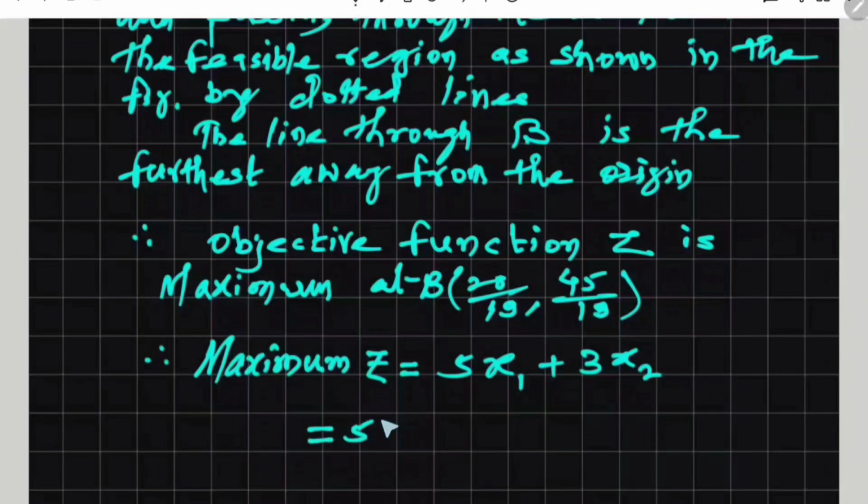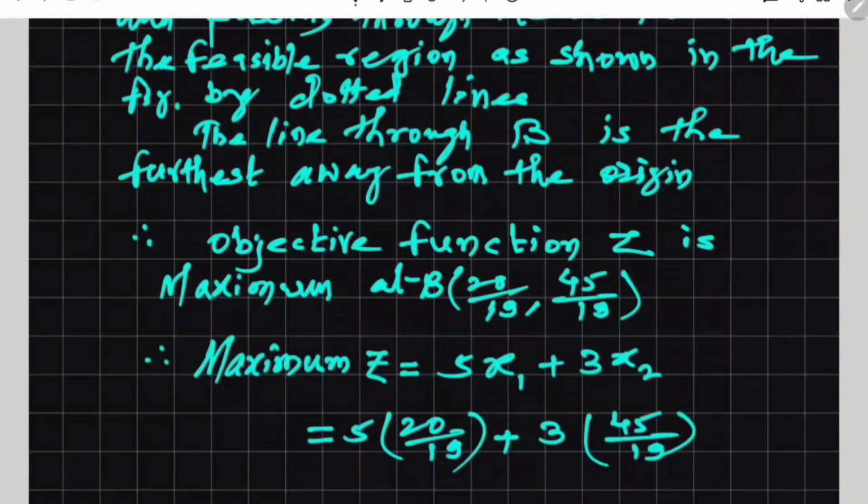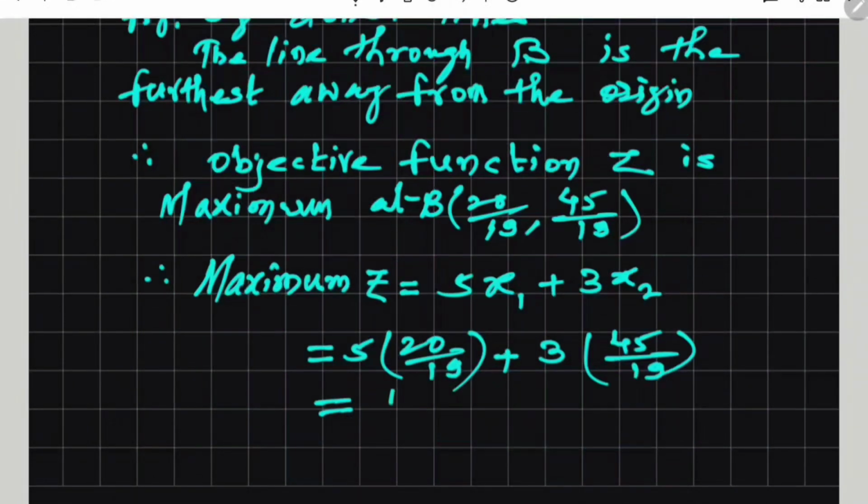Substituting x1 as 20 by 19 and x2 as 45 by 19, and then simplifying the calculation by calculator, it is 100 by 19 plus 135 by 19. Sum is 100 plus 135, that is 235 by 19.